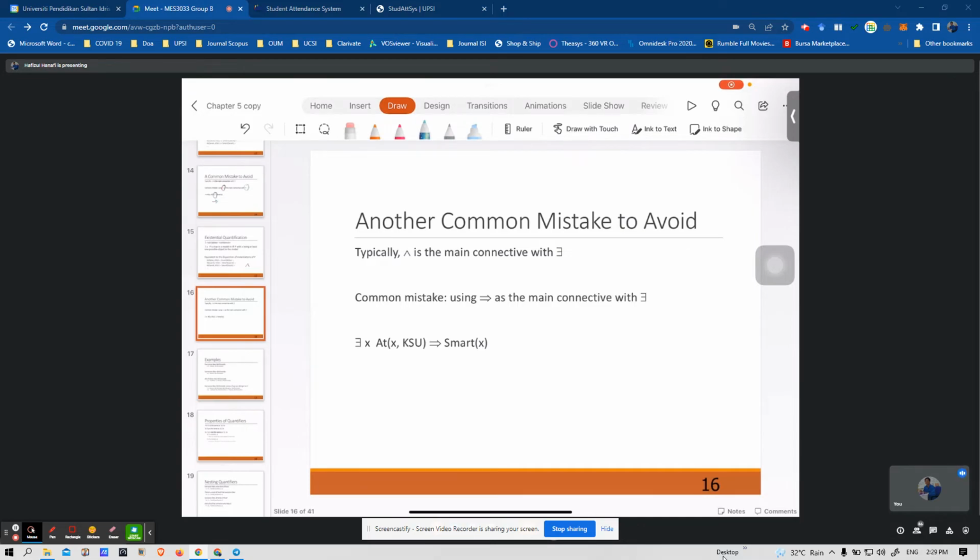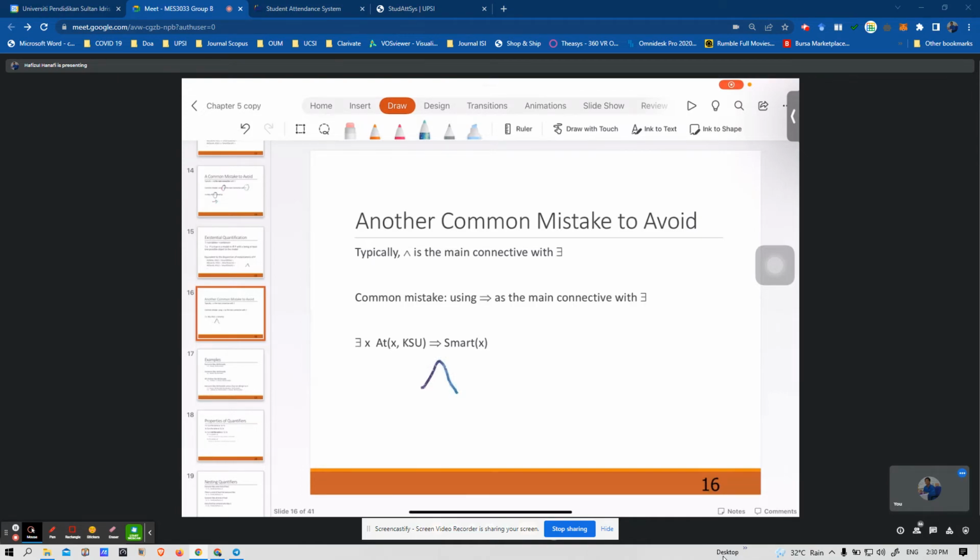Another common mistake to avoid is using the implication as the main connective with for some. Basically, we use the conjunction instead.